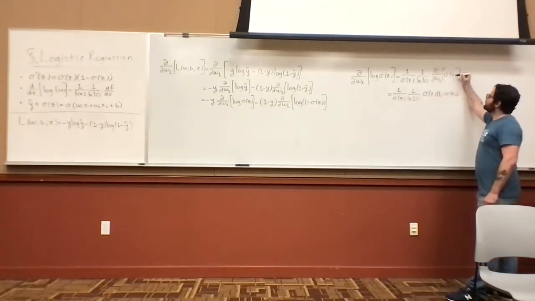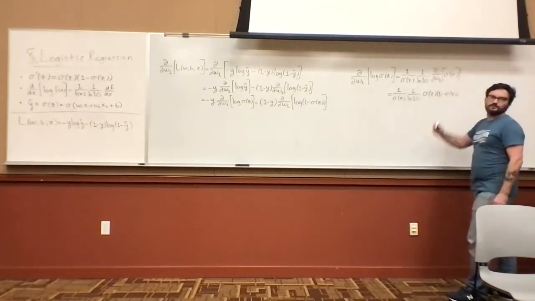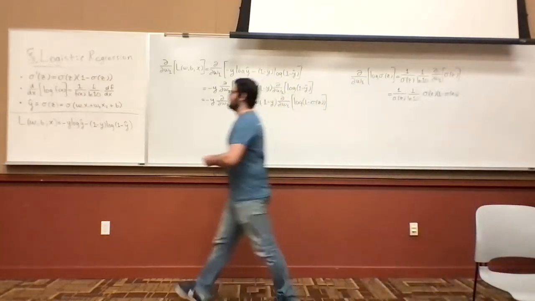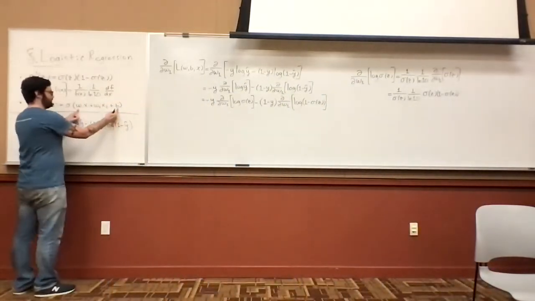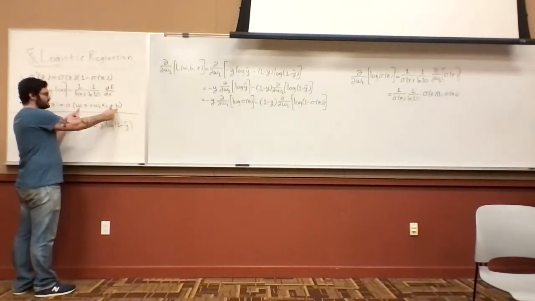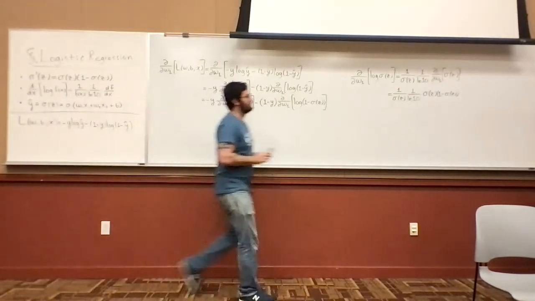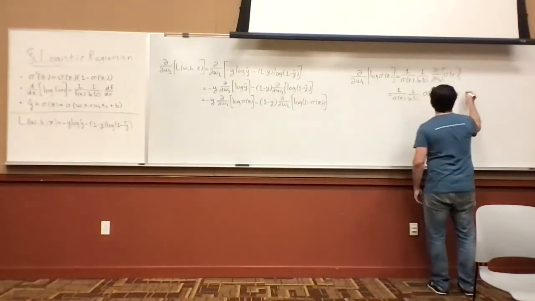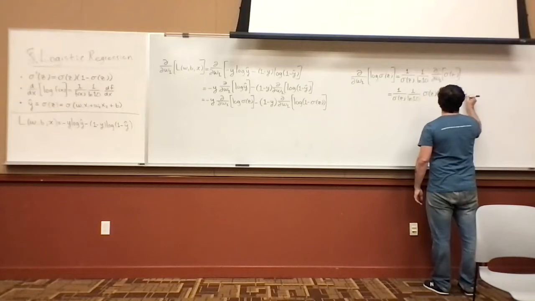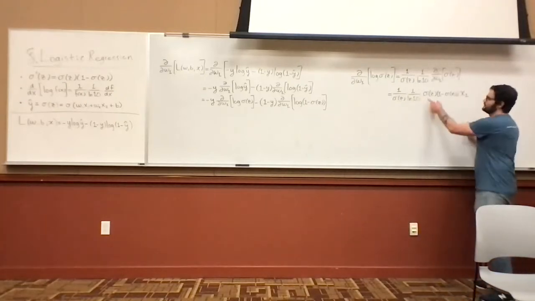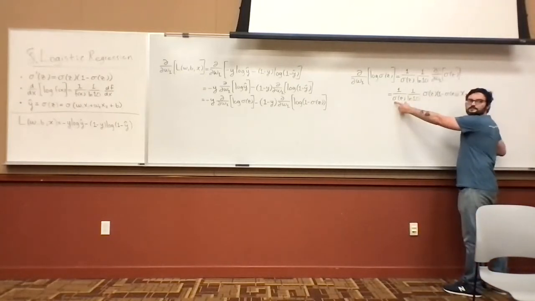What's the derivative of z with respect to w1? The derivative of z with respect to w1 is x1. Oh, look, that divides out, right?